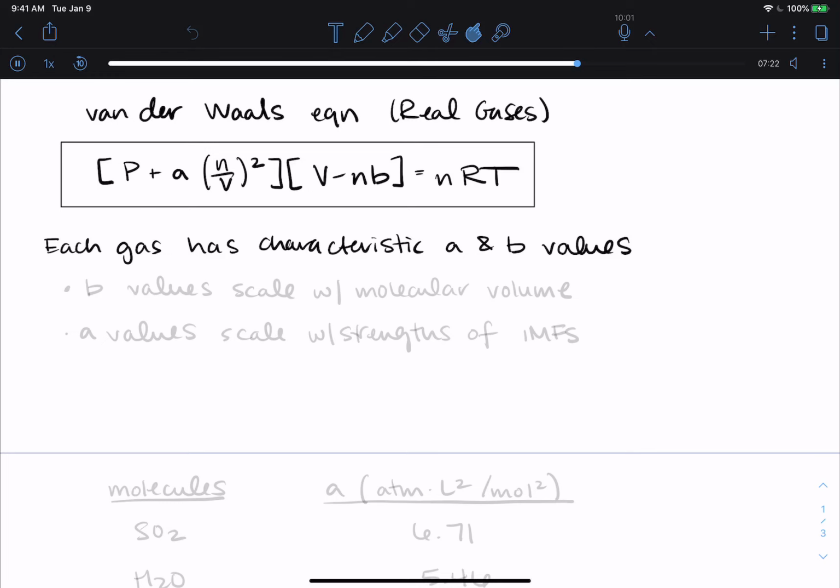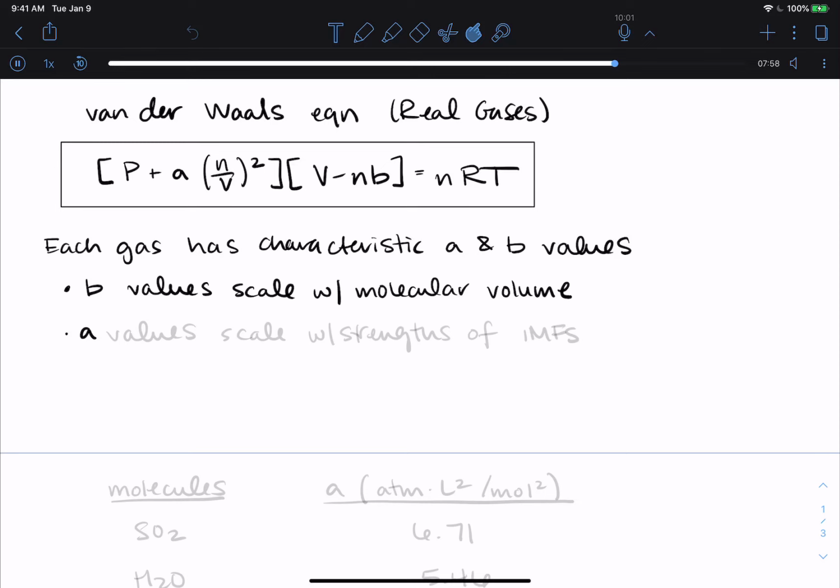I am going to give you a few in this video, but I want to say what they relate to. b values scale with molecular volume. This is the factor that is taking into account the size of the particle in the equation.